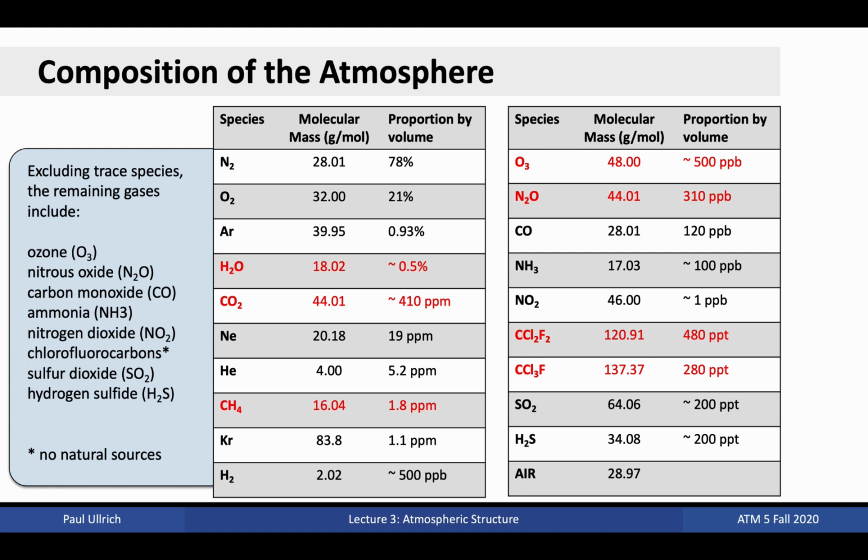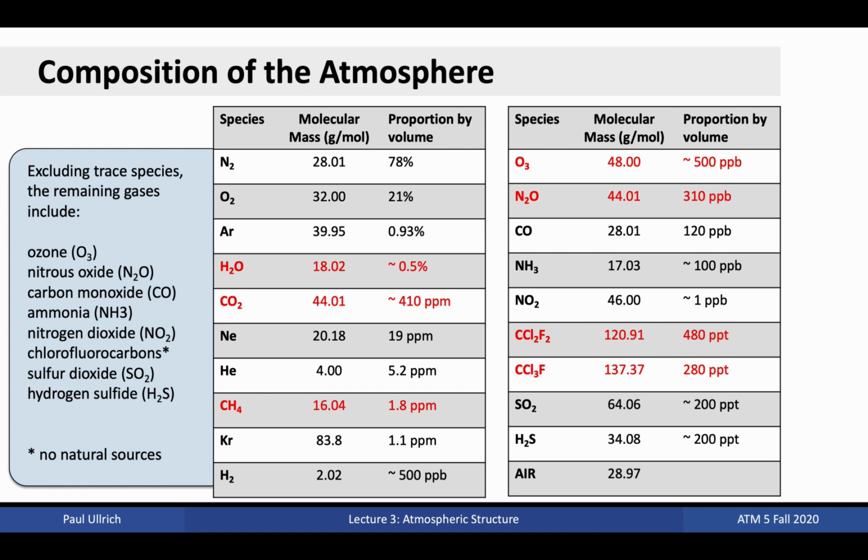Excluding trace species, the remaining gases include ozone, nitrous oxide, carbon monoxide, ammonia, nitrogen dioxide, chlorofluorocarbons, more commonly known as CFCs, sulfur dioxide, and hydrogen sulfide. Ozone is produced from dissociation of oxygen gas from sunlight and as a byproduct of certain near-surface chemical reactions.